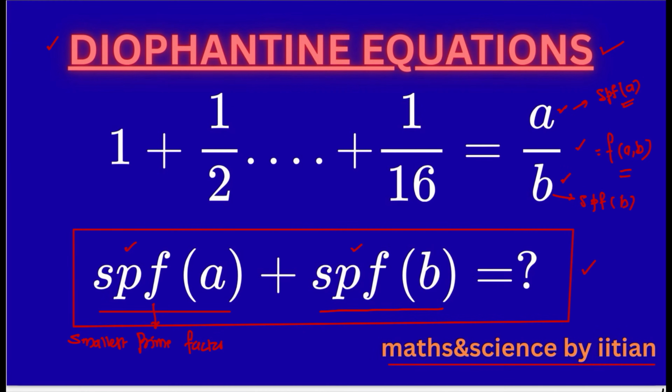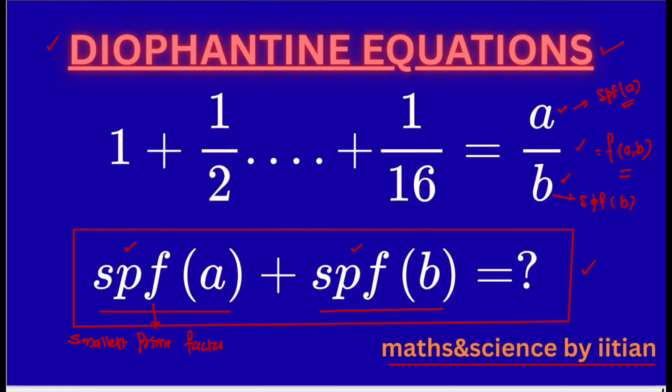Now, what we have to find out in the question is: smallest prime factor of A plus smallest prime factor of B is equal to how much, if A and B are positive integers.